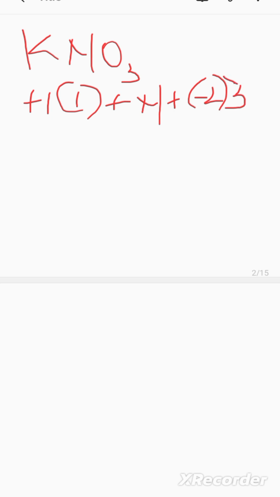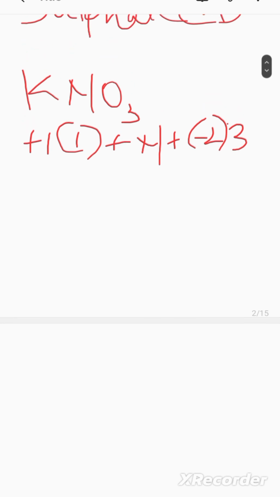So the oxidation state is going to be equal to 0. This one is going to be +1.